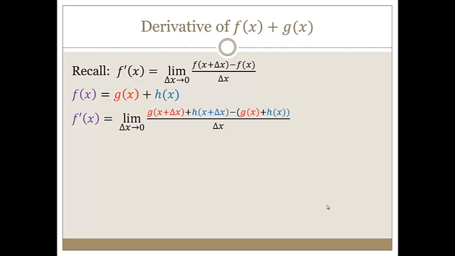Distributing the negative sign, we get g of x plus delta x plus h of x plus delta x minus g of x minus h of x, all over delta x.